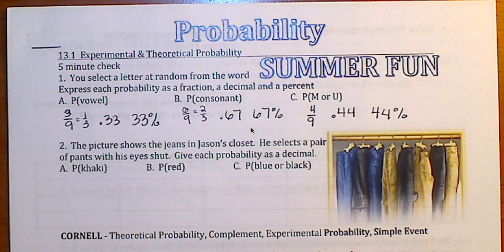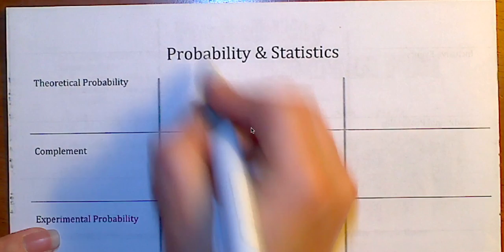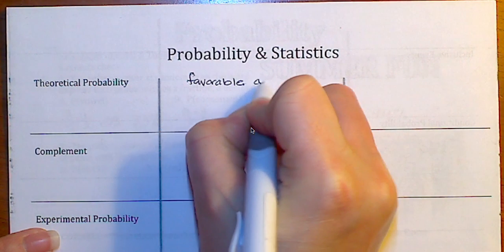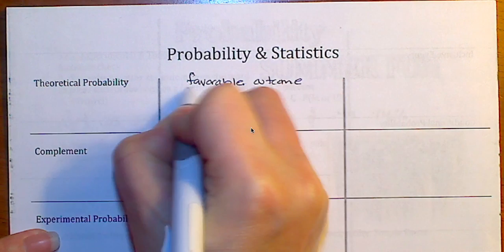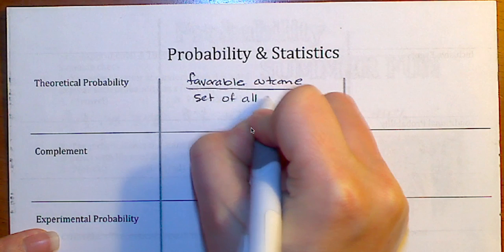So this is what we call theoretical probability. This is the probability that you are used to. So let's go to your Cornell sheet and write down theoretical probability. That is the favorable outcomes divided by the set of all outcomes.